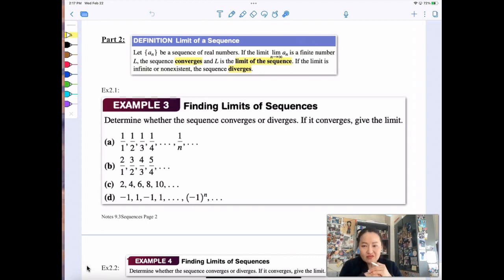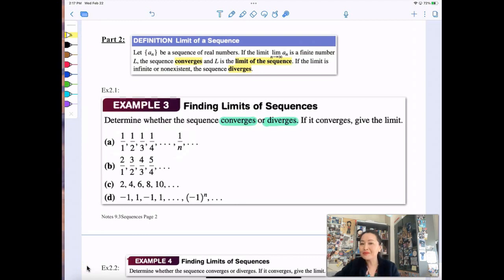Finding the limit of sequences, determine whether the sequence converges or diverges. Basically, the only thing that you have to remember is converge means that it reaches some number, and diverge means it goes infinitely and does not go to a specific number, okay? It goes on forever. So for example, here, 1, 1 over 2, you can see that this is a sequence, and if I told you to write the next 3 in the sequence, I bet you can do that very easily.